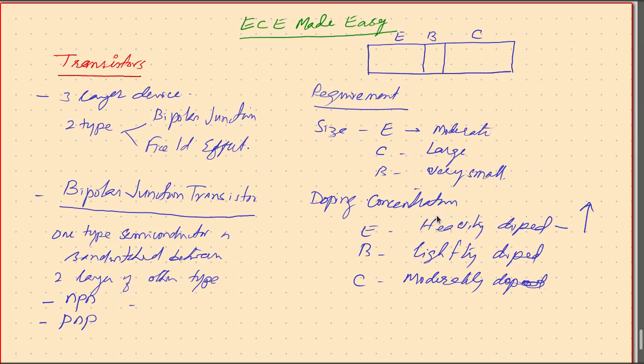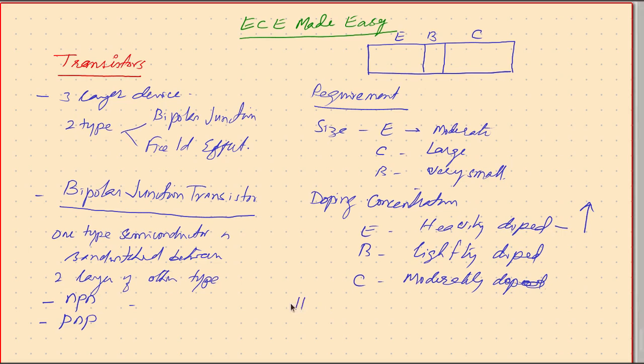Second, the emitter size doesn't make much difference, but it should be a moderate size with a heavy concentration of the doping. With the moderate size, very large number of charge carriers are generated.